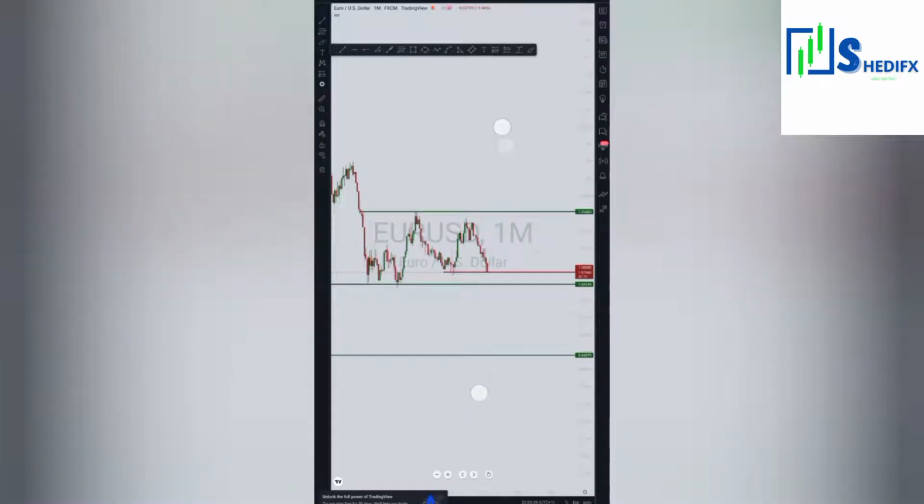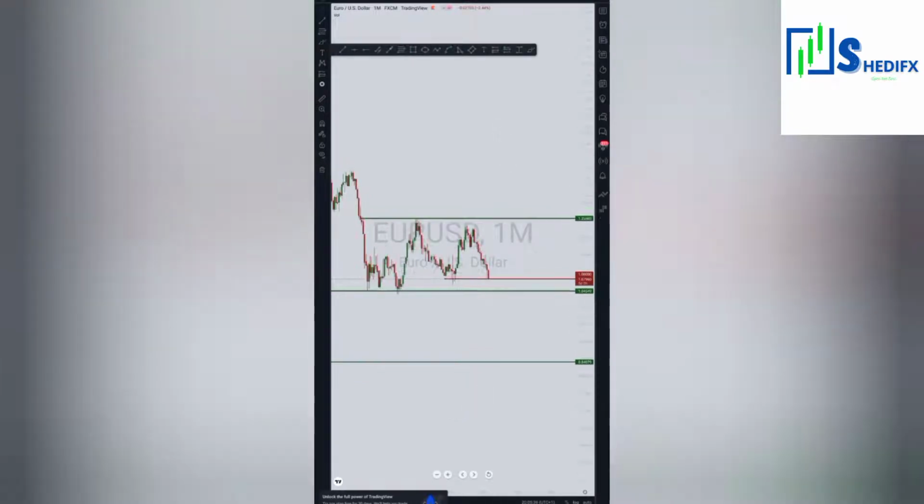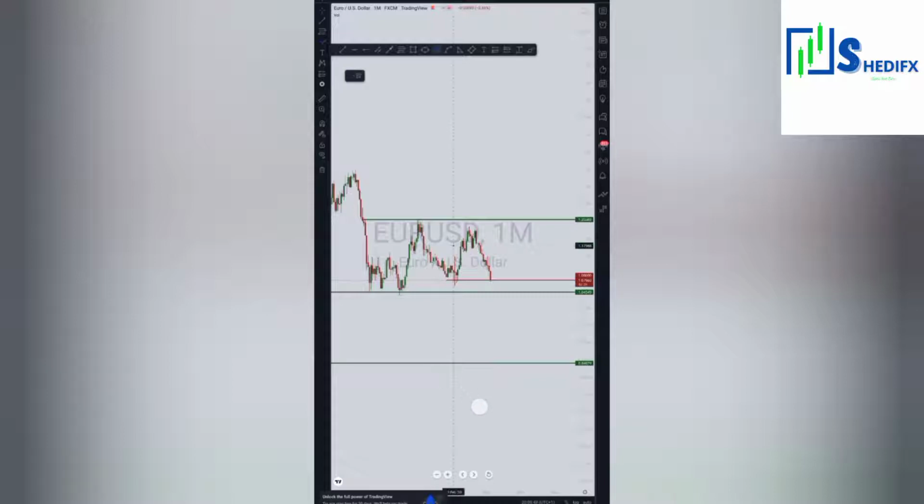Last week's analysis, we anticipated the EUR/USD, and throughout this month we are anticipating that the EUR/USD should get to this red line here.